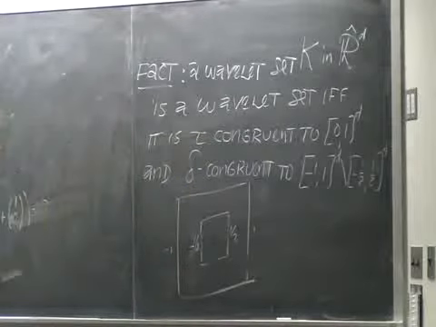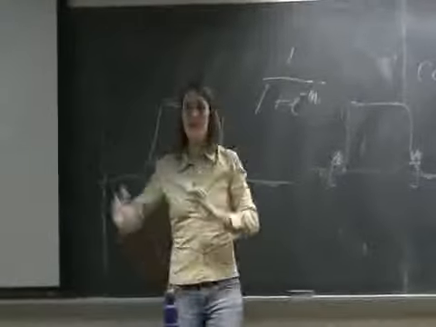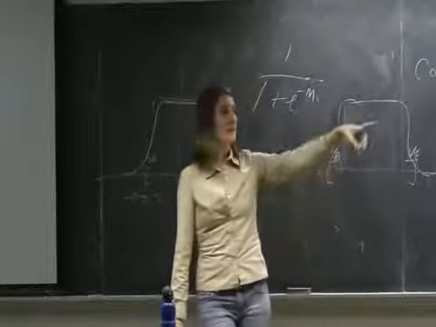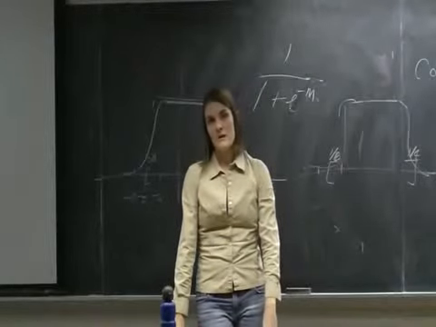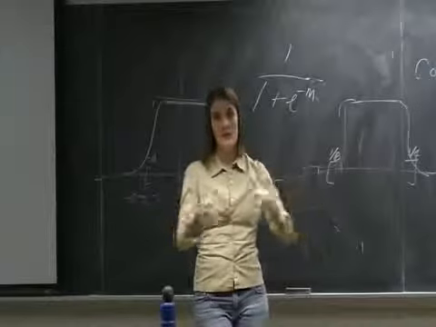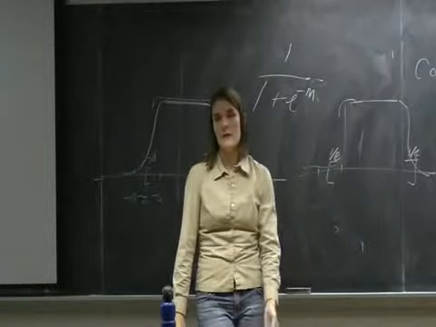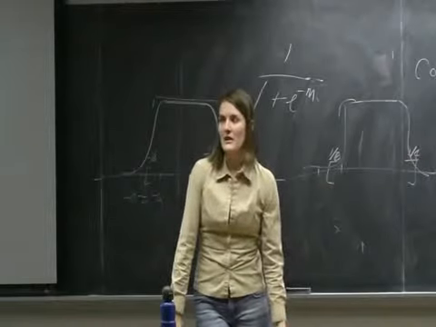And similarly for this. So you could think of those formulas as a way of generalizing this idea from wavelet sets, of measuring the overlap of the dilations and the integer translations and how they interact with each other.